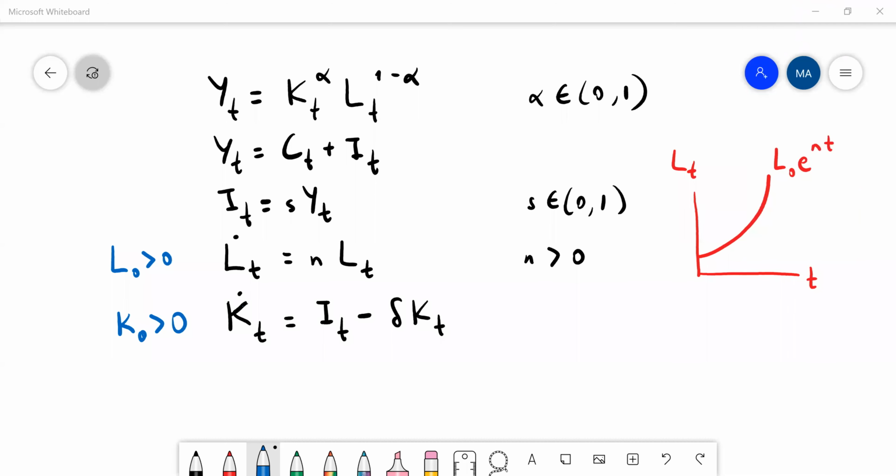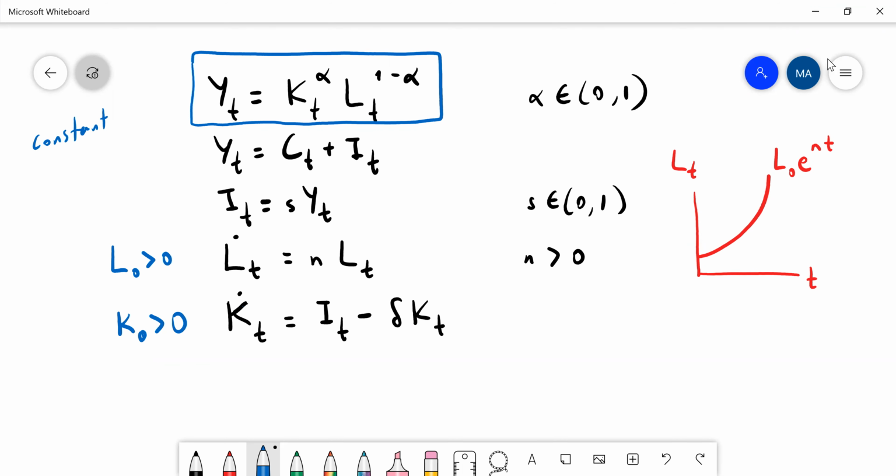So we're gonna use a trick like this. So look at this production function. This production function is of constant returns to scale, right? What does it mean?